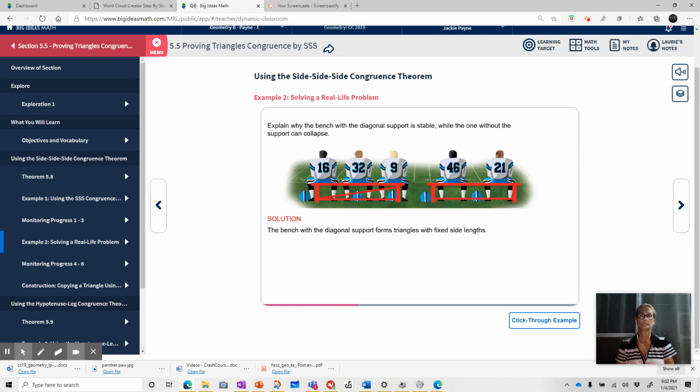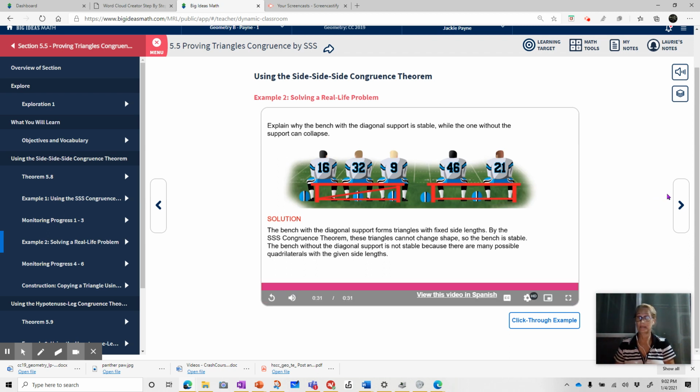The bench with the diagonal support forms triangles with fixed side lengths. By the side congruence theorem, these triangles cannot change shape, so the bench is stable. The bench without the diagonal support is not stable because there are many possible quadrilaterals with the given side lengths. And that's it. 30-second explanation.